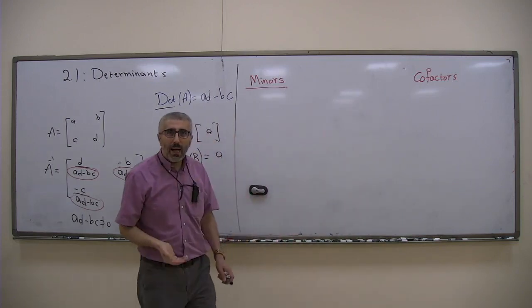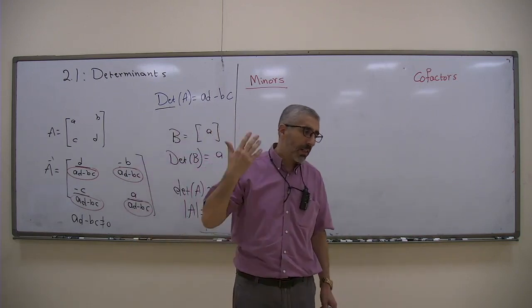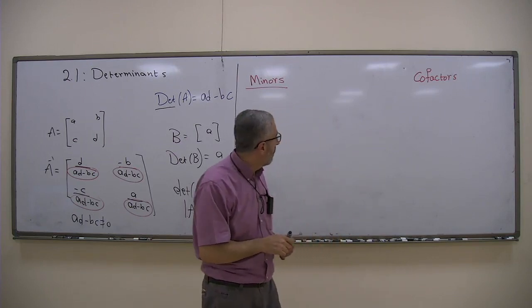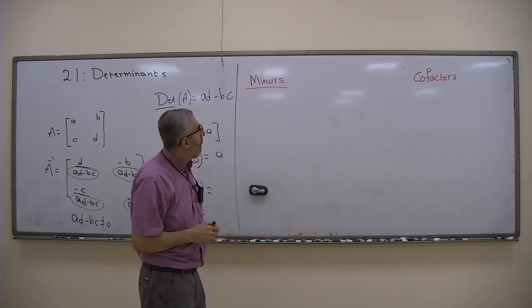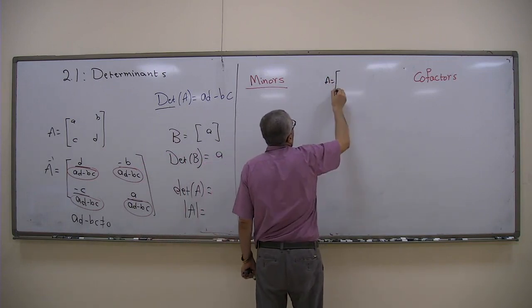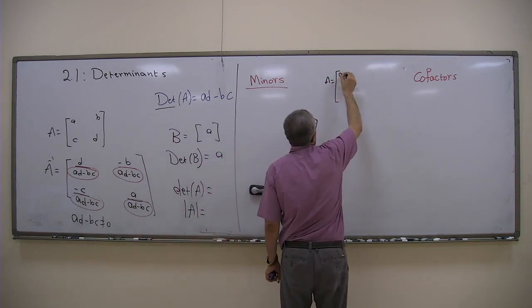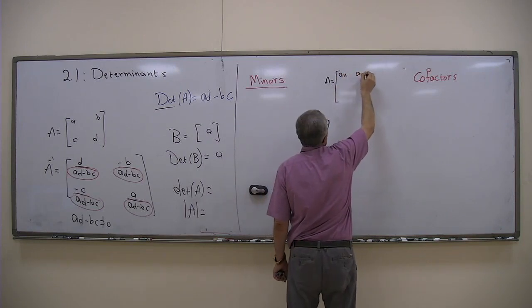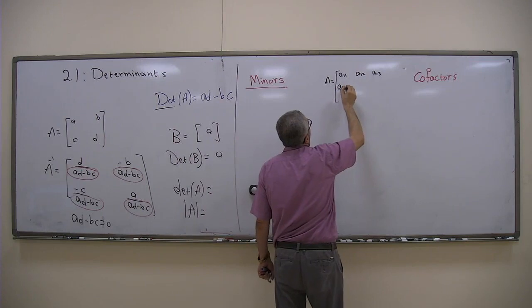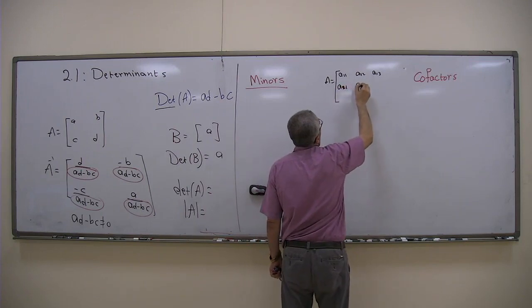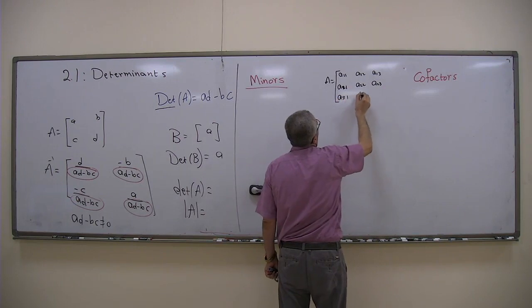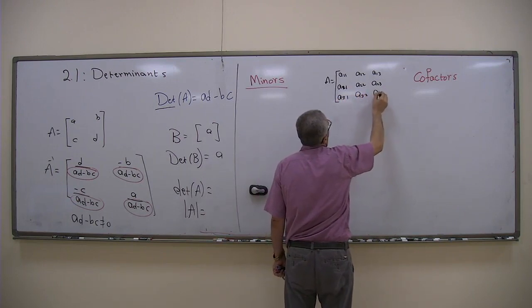Let me clarify that on a 3 by 3 matrix, and after that, we write the general formula for an n by n matrix. Let's say your matrix A is A11, A12, A13, A21, A22, A23, A31, A32, A33.